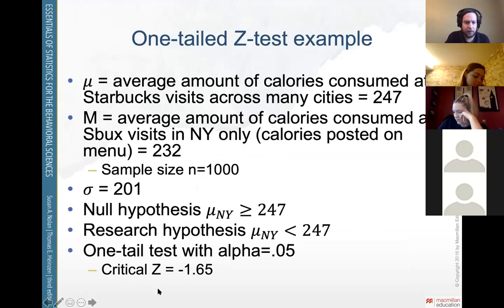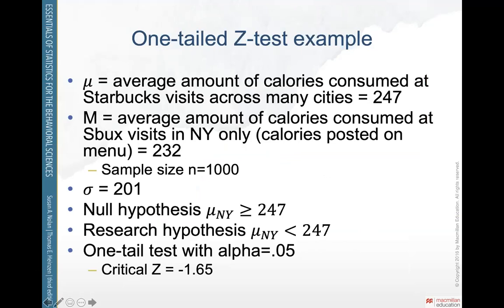So here is the one-tailed example that we're going to do for today, and this is taken from the book. It's a good example of a one-tailed test because it was designed so that a one-tailed research hypothesis makes the most sense. This is taken from chapter 7.